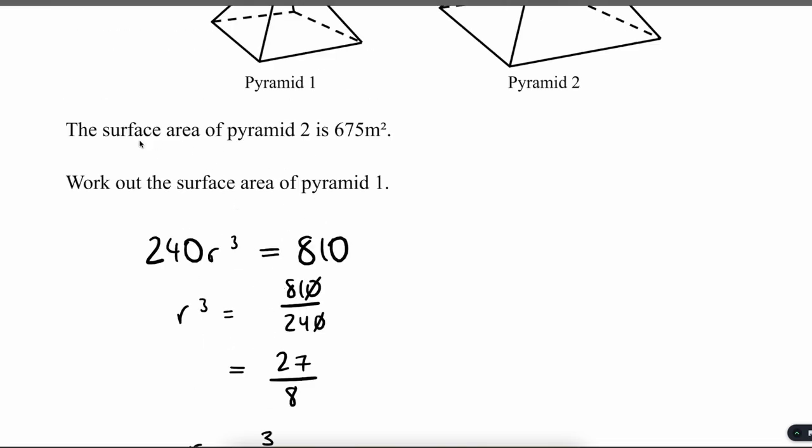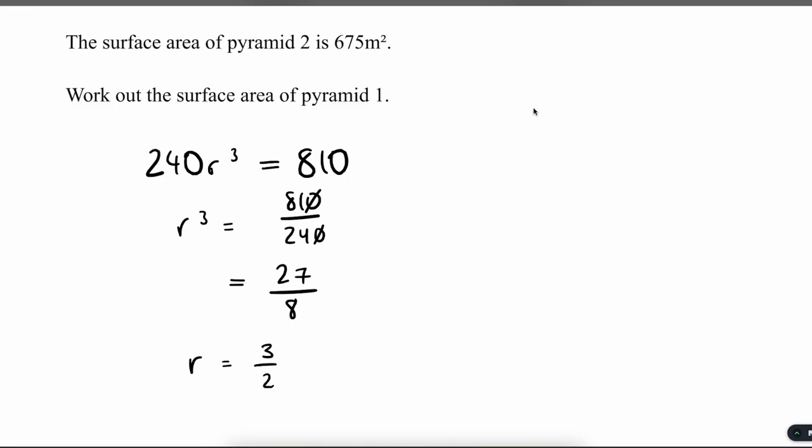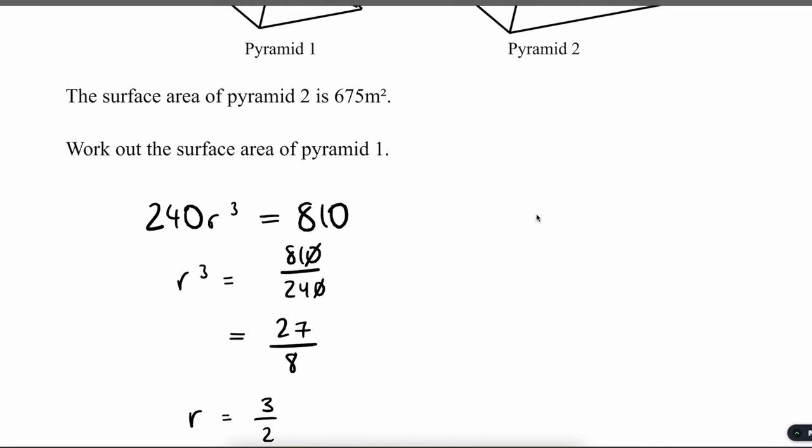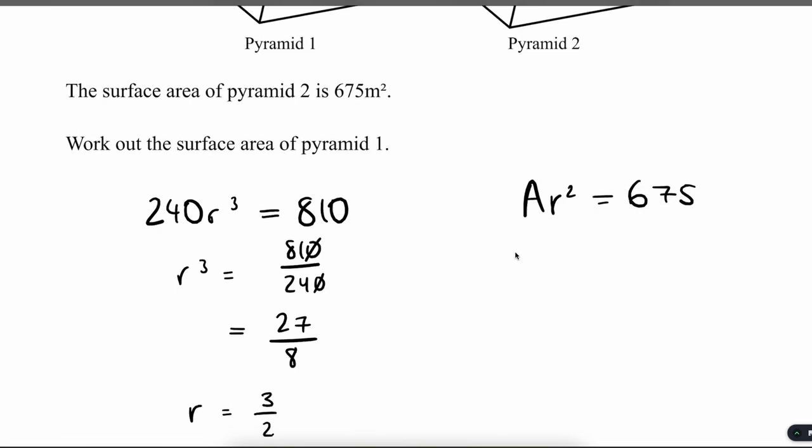So that's our ratio. The surface area of Pyramid 2 is 675, so we want to find out the surface area of Pyramid 1. And that multiplied by r squared is 675. R squared is 3 over 2 squared, which is 9 over 4.